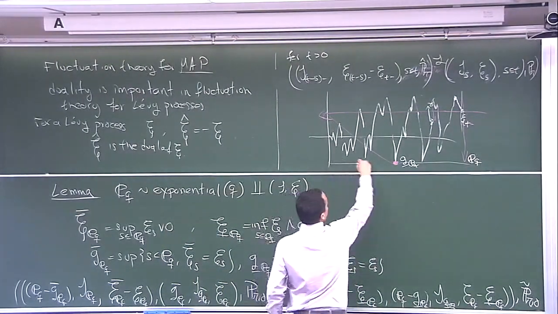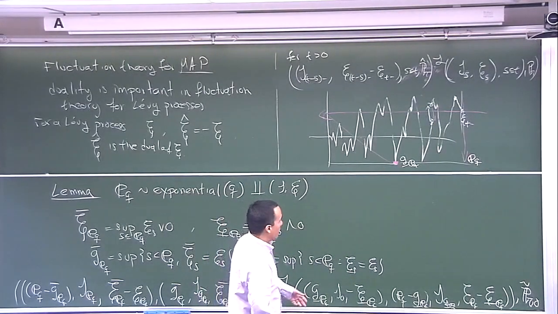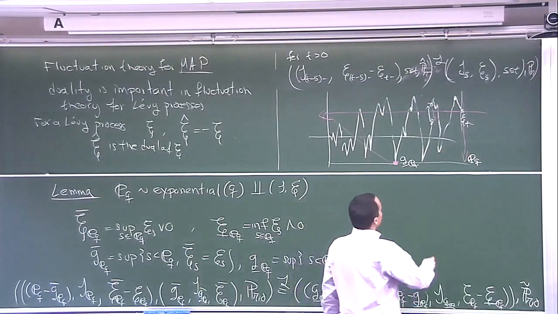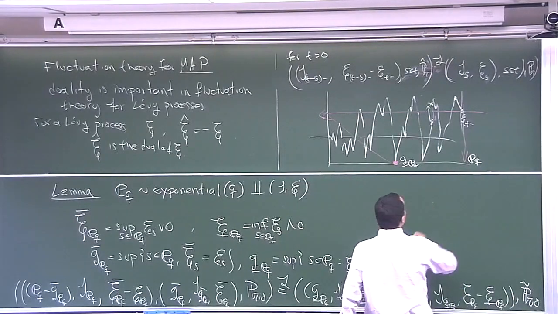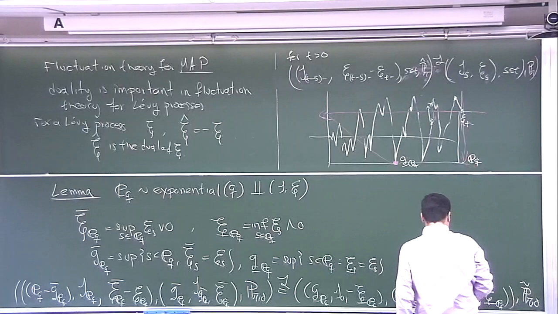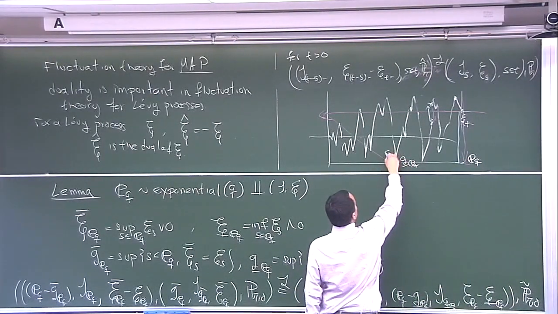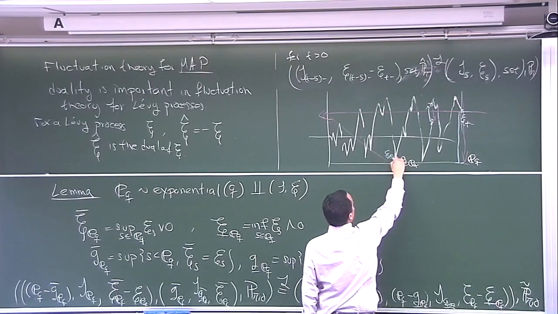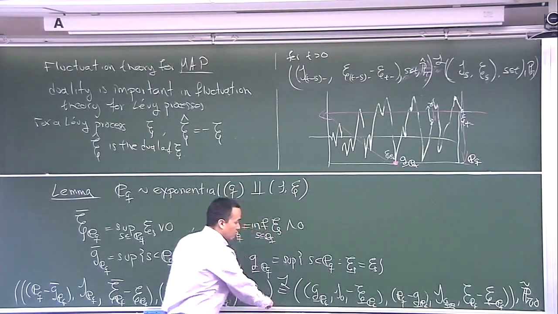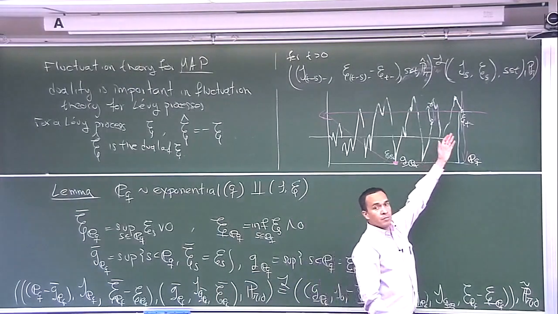We have this one, that is this one here, okay. And then we have also this difference here. That is this one, okay, and this one here. This is ψ infimum e_q.